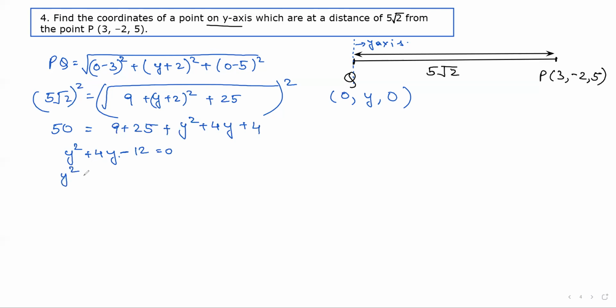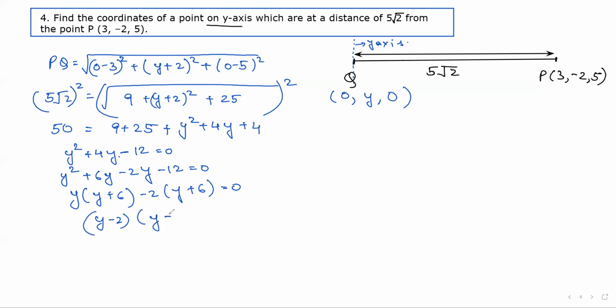You have y square plus 6y minus 2y minus 12 is equal to 0. Taking y in common, y plus 6, minus 2 in common, y plus 6 is equal to 0. (y minus 2)(y plus 6) is equal to 0. y is equal to 2 or y is equal to minus 6.